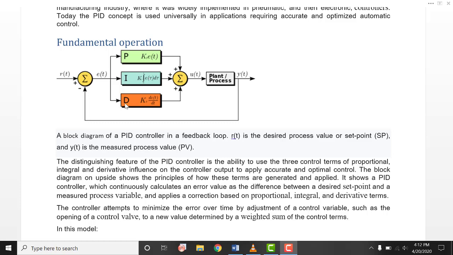And then after that, the derivative function: that same SP minus PV value will first go through proportional, then it will go to the I value, and then to the derivative function. Or it can continuously go at any mode depending upon the error value. And at the end, we collect the sum of all these modes, and it will provide us our output value.